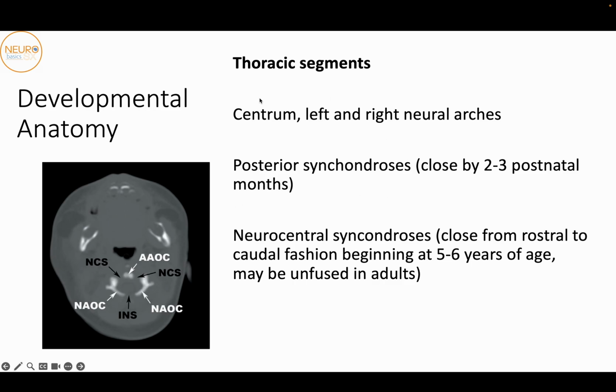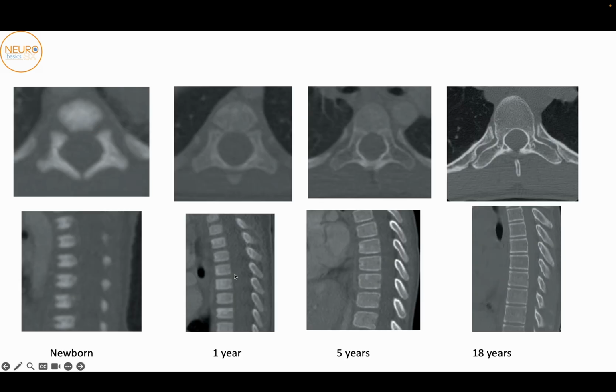Right, so in the thoracic segments, the posterior synchondrosis will close by 2 to 3 postnatal months, and the neurocentral synchondroses will close from a rostral to a caudal fashion. So they will start at the T1 level and then start closing down below. And this begins at a much later age of about 5 to 6 years. And in adults, some of these centers may actually still be unfused.